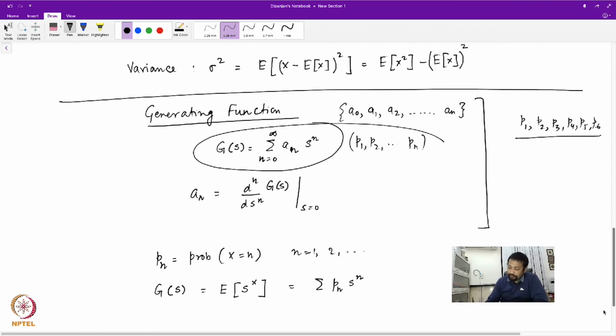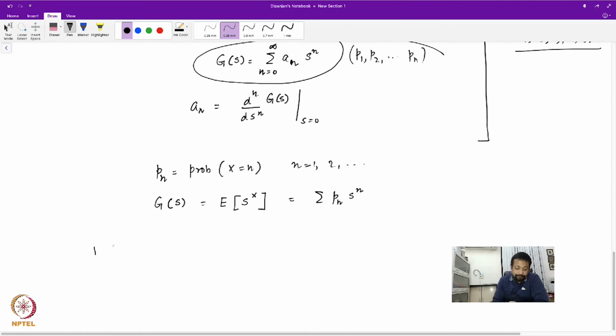For example, let's take this as mu to the power n over n factorial, e to the power minus mu. This one we have not discussed, but this is what is called a Poisson distribution.